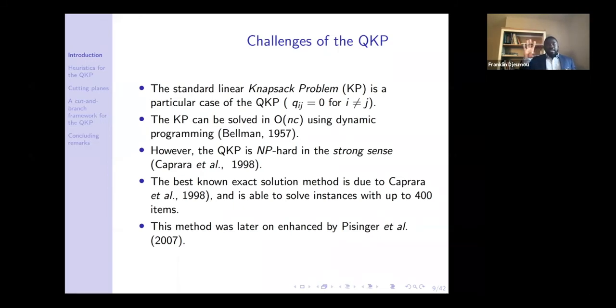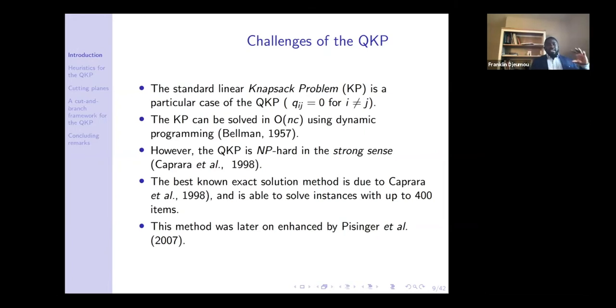And 400 items here concerns the cases where your profit matrix is fully dense. If your profit matrix is sparse, then you may be lucky if you are able to solve instances with more than 150 items. So that is some drawback with this algorithm, even though it's very powerful, very fast, but it has this limitation.